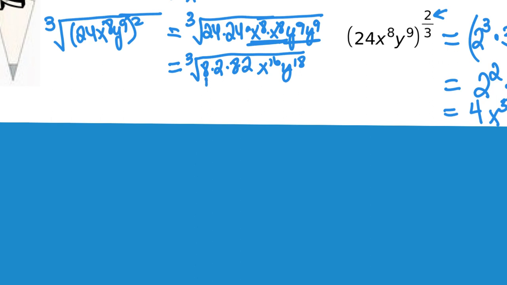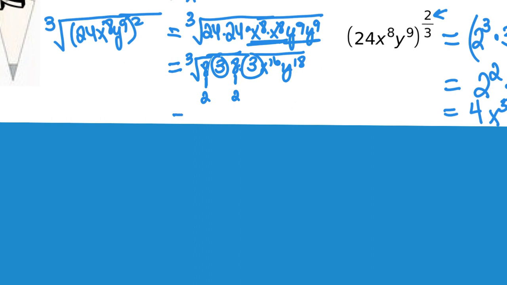So for this 8, we know a 2 comes out. For this 8, we know a 2 comes out. That one, that's supposed to be a 3, isn't it? This is a 3, my bad. Erase. So this 3 and this 3 stays inside. That's where our 9 came from. So let's see.